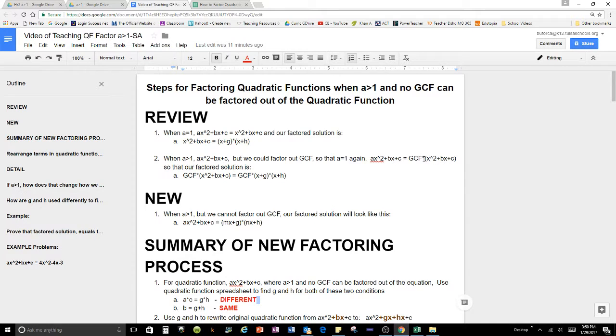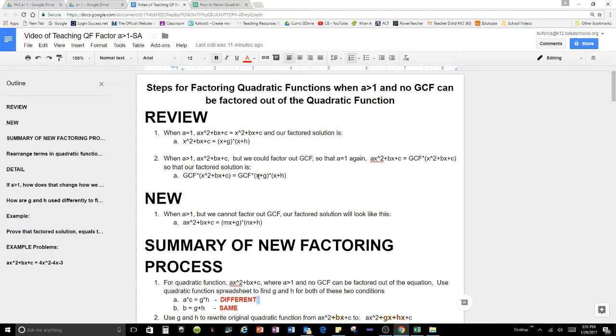And so the only difference between the process with step 1 and the process with step 2 is that we would have to factor out that GCF. Once we factored out the GCF, the way to factor this quadratic function is again to find x plus g times x plus h, where g times h equaled this c and g plus h equaled this b.